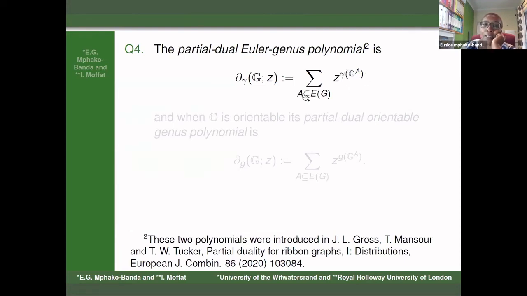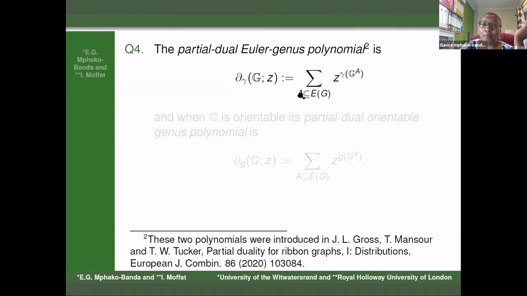Then after that, getting the subsets is not complicated. So this is why we started with the problems of finding the Euler genus, and also how to draw, to compute the partial dual of G with respect to A, because you will need this.